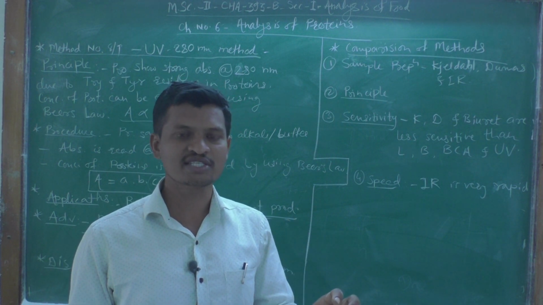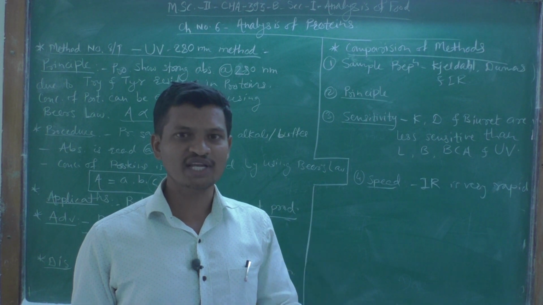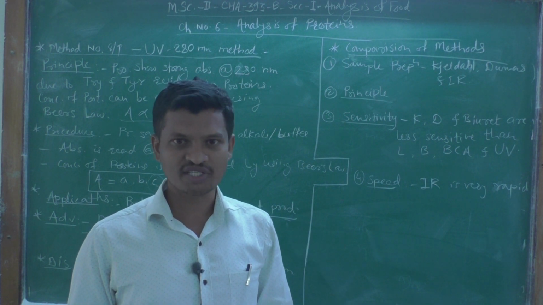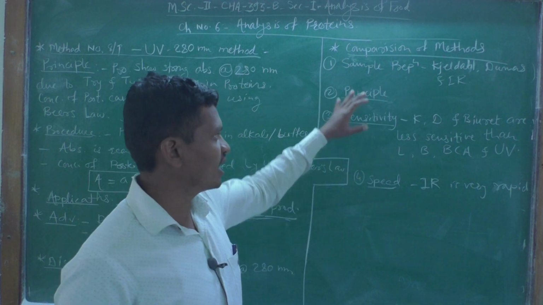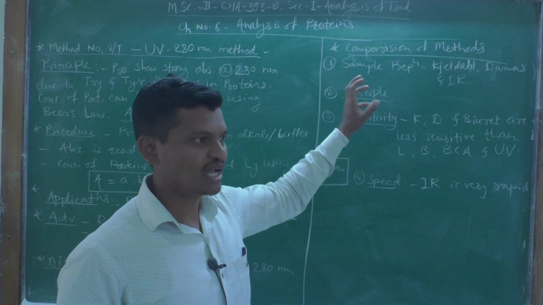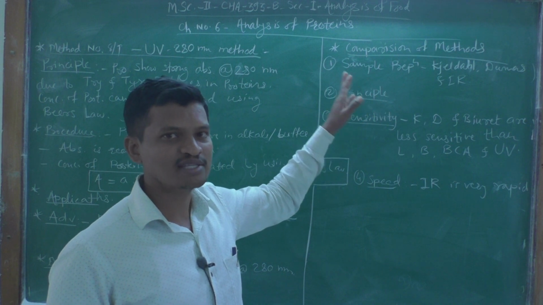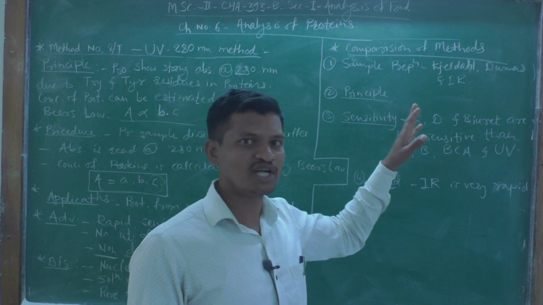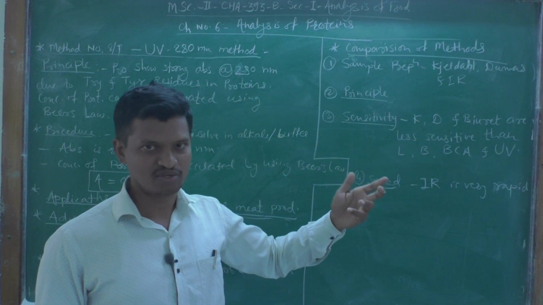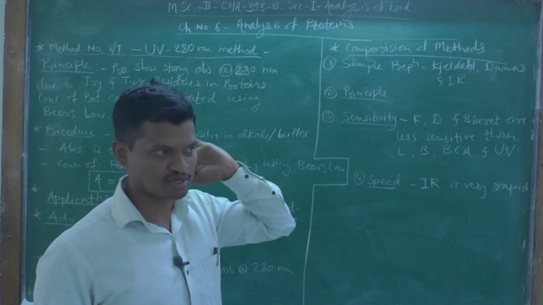Section A consists of protein analysis and section B consists of characterization of proteins. From the next lecture onwards we are going to start the characterization of proteins. So this is the half part of this chapter.